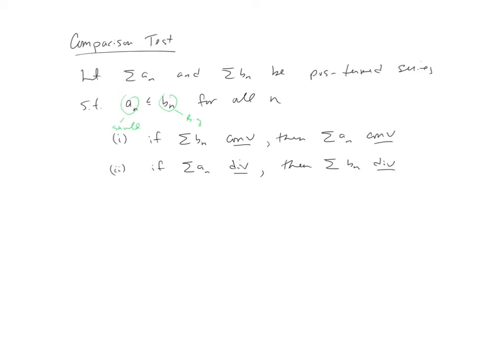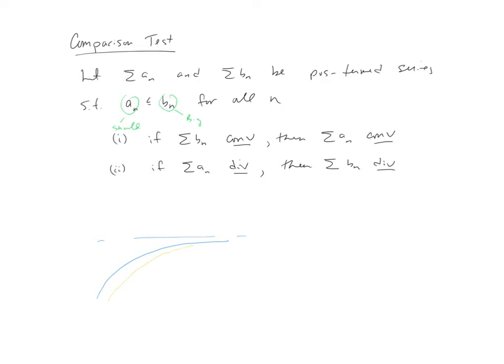So part 1 says if the infinite series B sub n converges, then A sub n also converges. Remember, B sub n is the big one. So if the big one converges to, let's say, something, and the smaller one is always underneath it, then of course it's also going to have to converge.